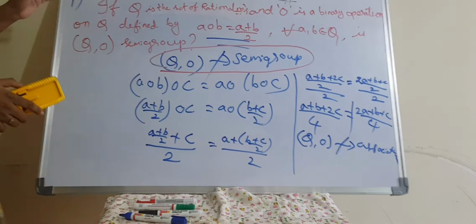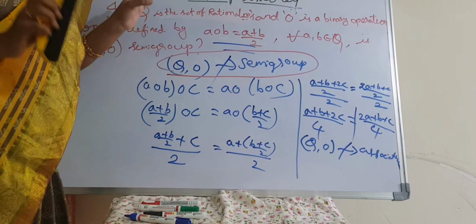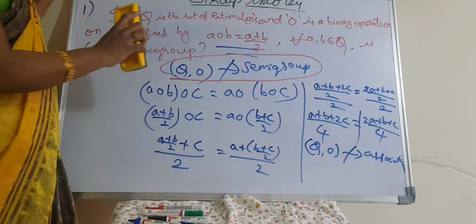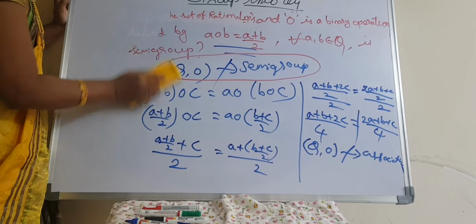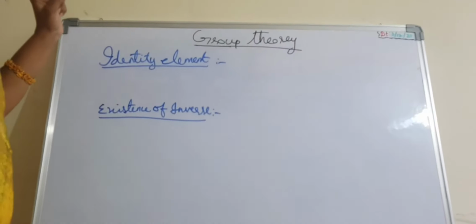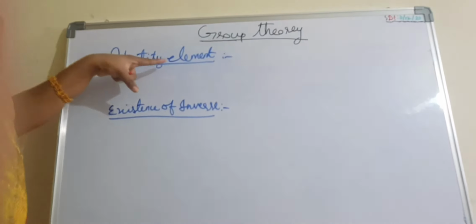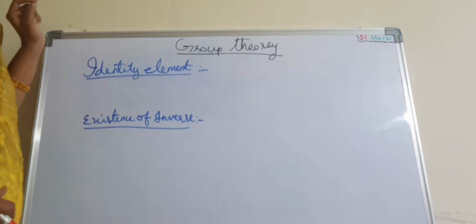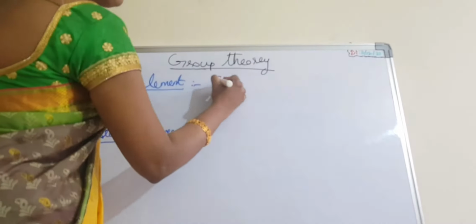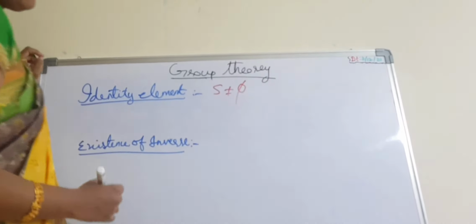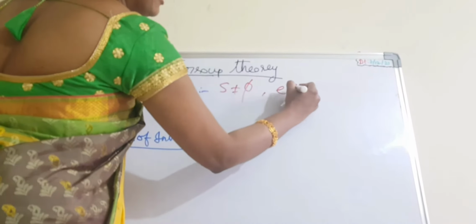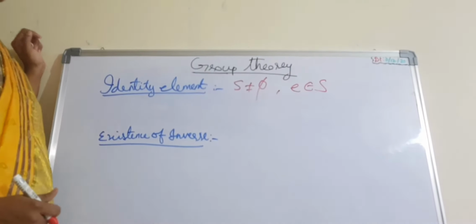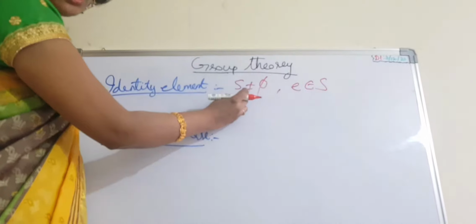Next one we'll see. I think you will understand semi group. Next topic, we'll see another topic. Now we'll see the identity element. For the identity element, any set we can take. S is a non-empty set. E is any element belonging to S. S is any set we are taking.